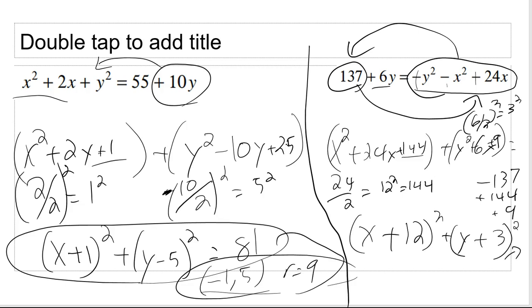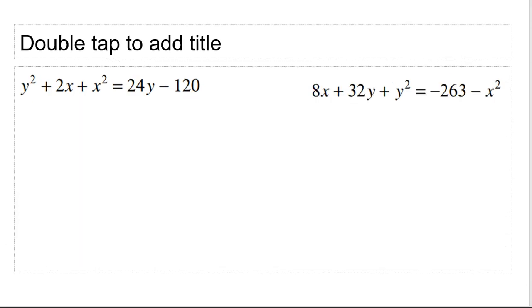And it's going to equal, I should use my calculator, 144 minus 137 plus 9. 16. It's going to equal 16. And there we go. I just couldn't fit it all in one spot. Alright, last 2 examples.